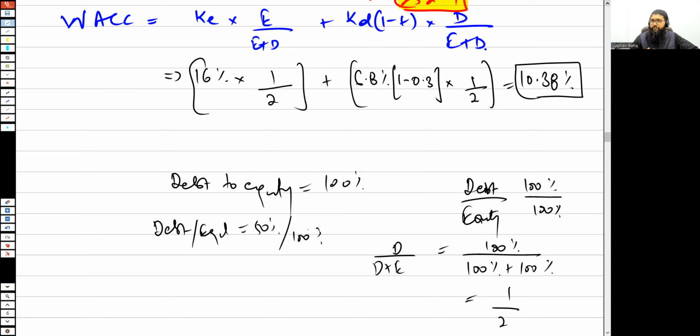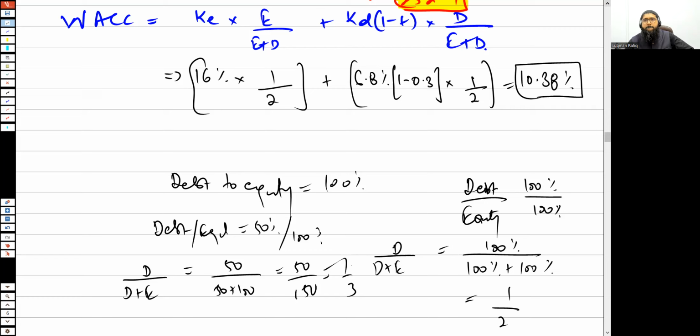You get my point? In that case, if you were calculating debt upon debt plus equity, you would have been doing 50 upon 50 plus 100. So 50 upon 150, it would have been 1 upon 3. You get my point?